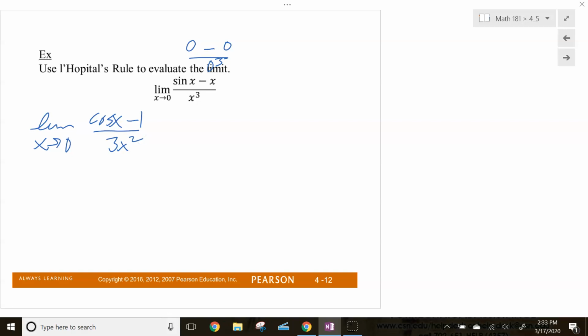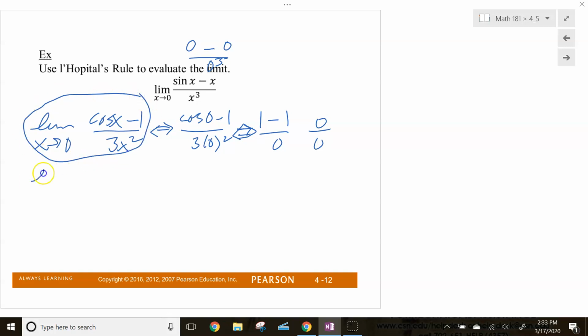And now let's throw in 0. Cosine 0 is 1. So this becomes 1 minus 1 over 0. Okay, we got 0 over 0. So I got to do it on this one again. So repeat L'Hopital's rule again.